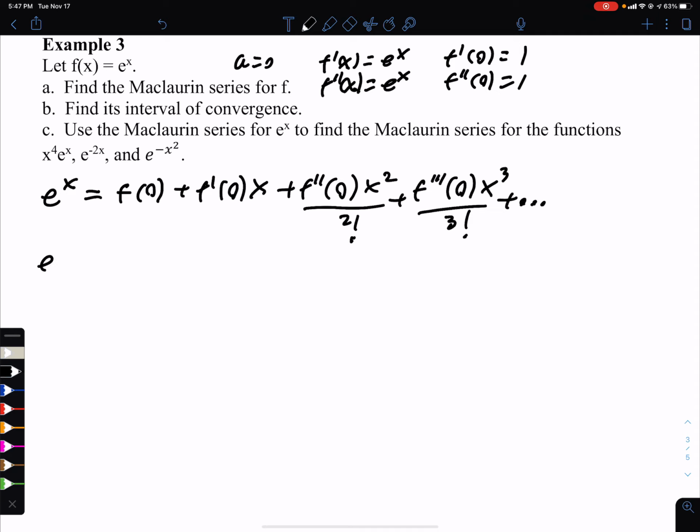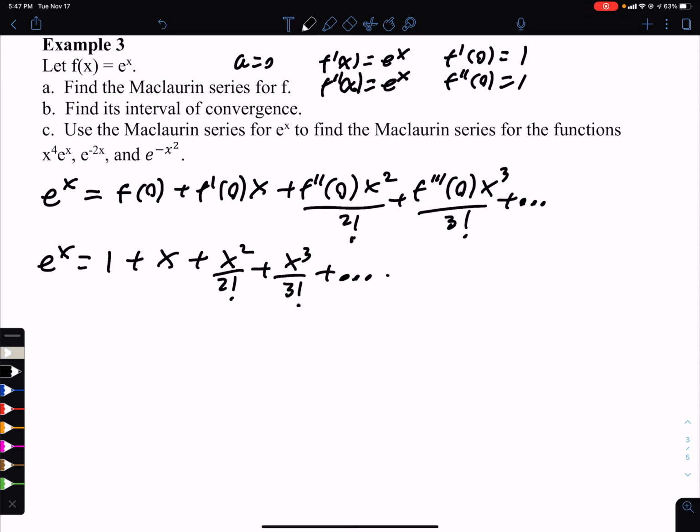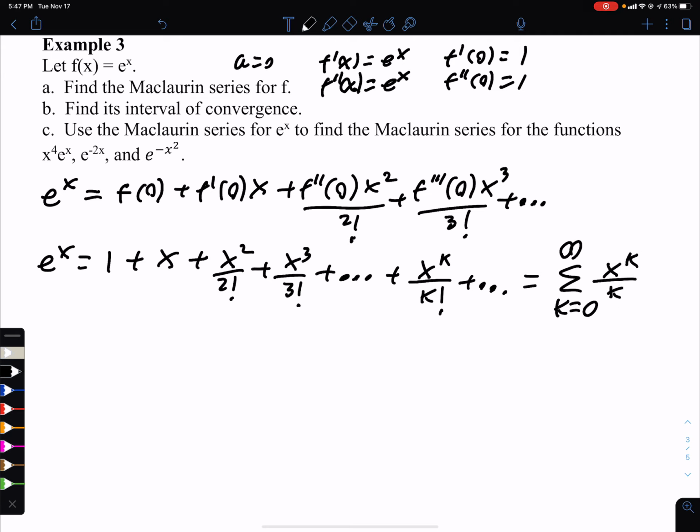So let's do this. That's going to be 1 plus 1x plus x squared over 2 factorial plus x cubed over 3 factorial. And I think you see the pattern. It's going to be x to the k over k factorial. And in summation notation, it's 0 to infinity, x to the k over k factorial.